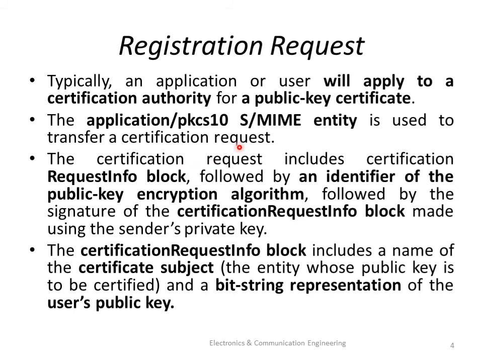Once the certification request is transferred, it also includes a certification request info block followed by an identifier of the public key encryption algorithm, followed by the signature of the certification request info block made using the sender's private key. The certification request info block includes a name of the certificate subject, the entity whose public key is to be certified, and a bit string representation of the user's public key.